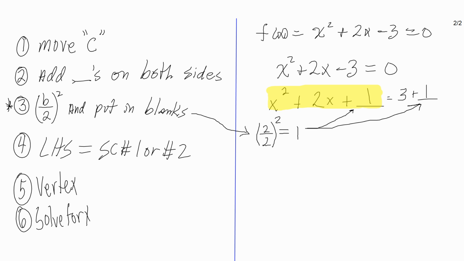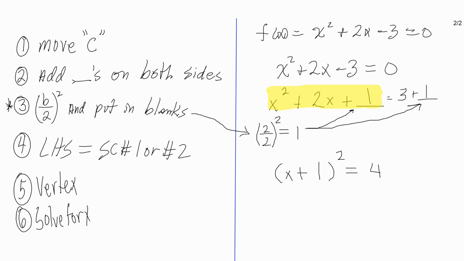So shortcut number 1. That gives me x plus 1 quantity squared is equal to what? Oh my gosh. A times x plus h quantity squared plus k. Bring that over, it'd be minus 4. But at this point, I want to show you an easier way to find the vertex.